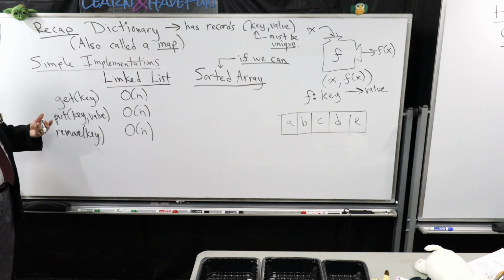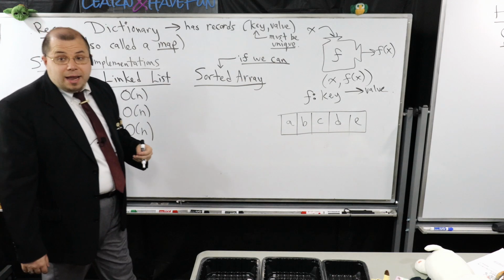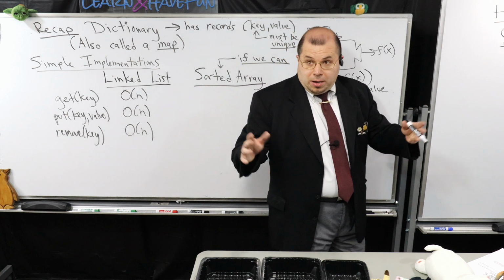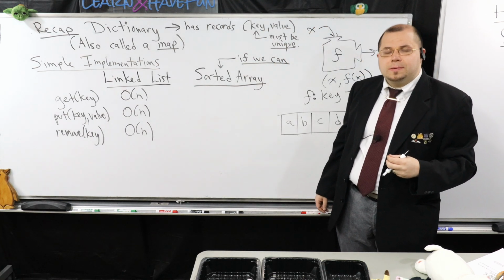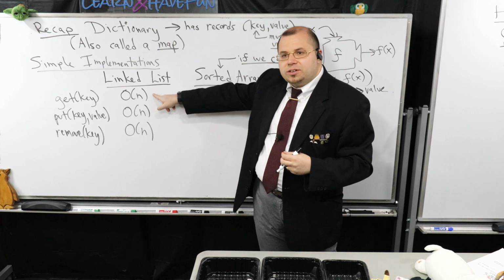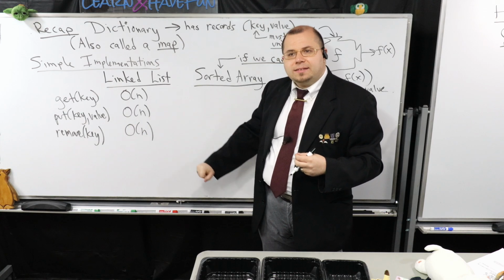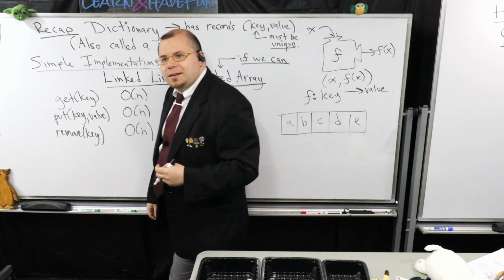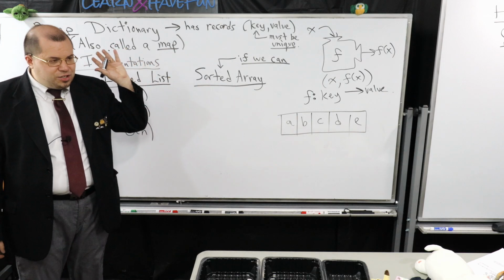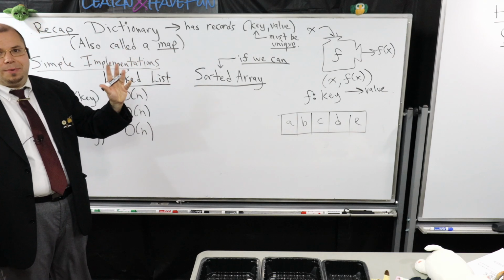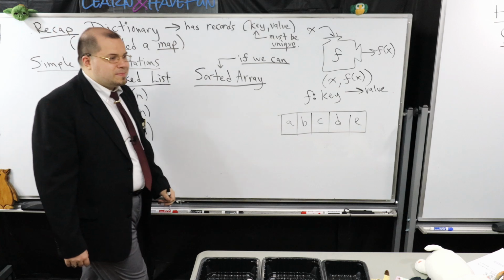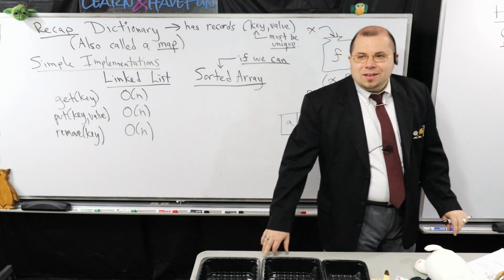If it's sorted, what can I do with an array where the keys are what we'd call comparable? Can I improve on this linear time right here for get? Think about the things that you know you could do with a sorted array. What can I do?